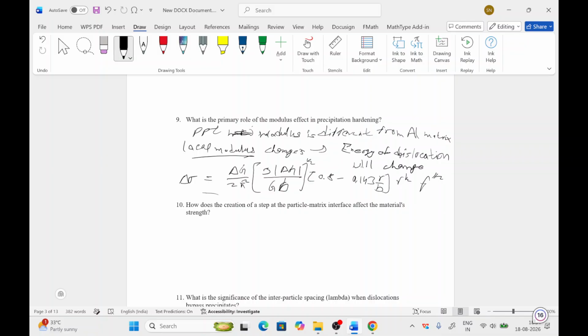So this is the strength increase due to the modulus effect.